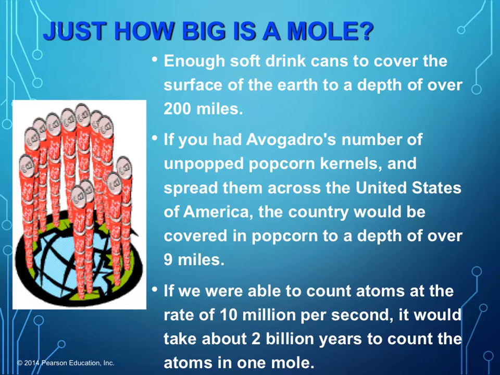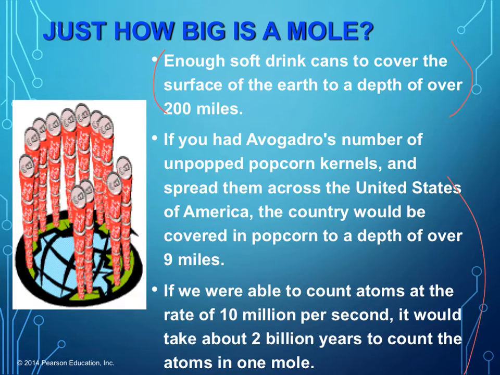6.02 times 10 to the 23rd, that's so many of something that it's almost impossible to visualize. So imagine you had soda cans. A mole, or 6.02 times 10 to the 23rd soda cans, would be enough to cover the entire surface of the Earth and extend upwards towards space 200 miles. Unbelievable. And you can read the other two just kind of for grins.